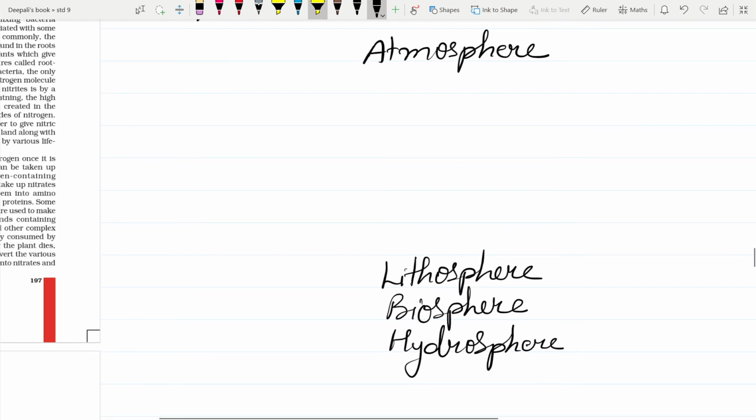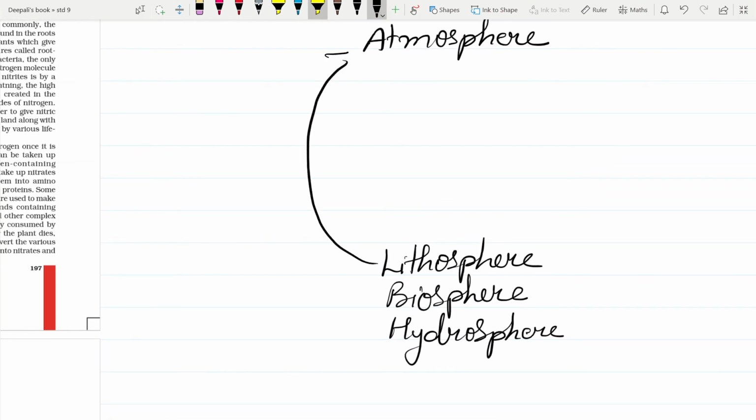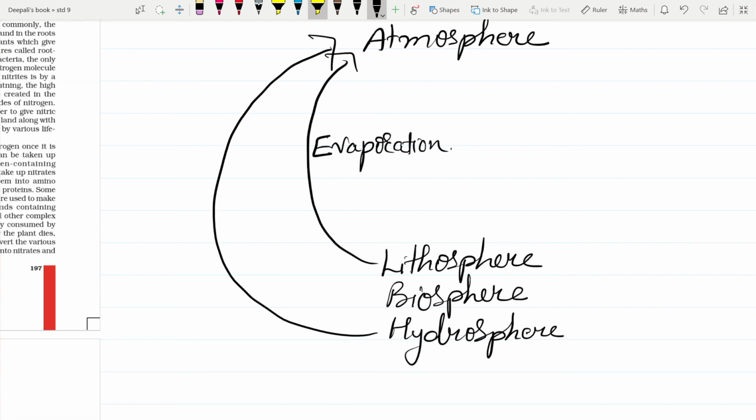Now from lithosphere it goes to the atmosphere by evaporation. From hydrosphere it goes through evaporation, and through biosphere it goes through transpiration.